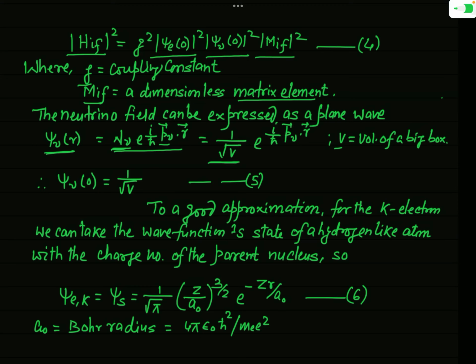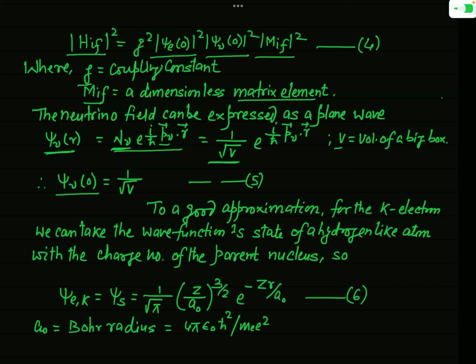Now, you can see if we consider that the neutrino is present in the nucleus, and the nucleus is assumed at the origin, so for the nucleus, R is equal to 0. When the neutrino was created inside the nucleus, what will be this wave function psi nu of 0?